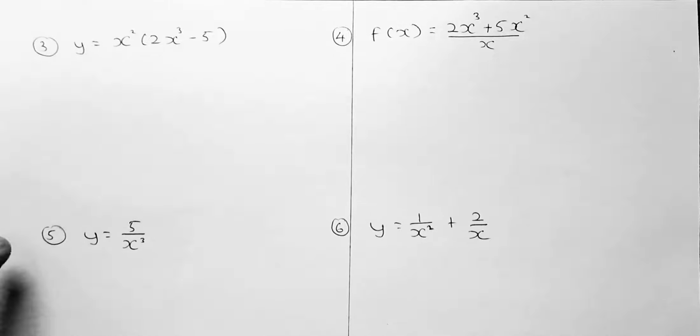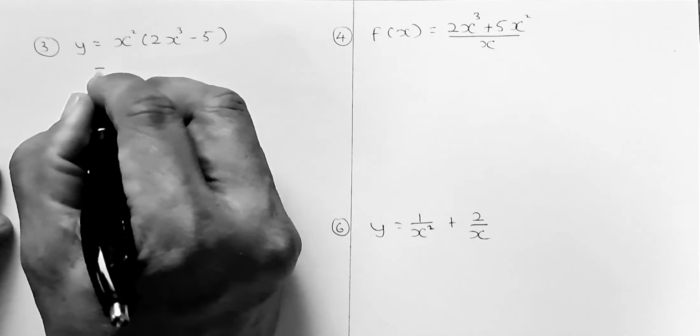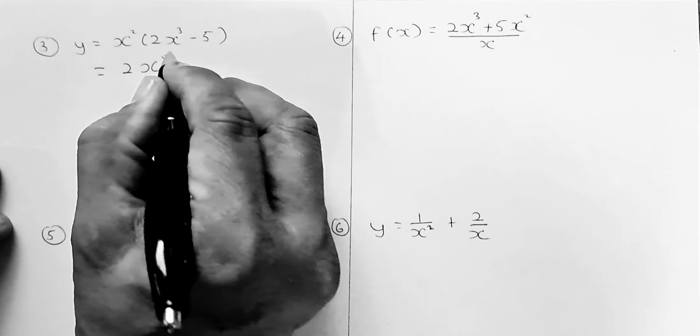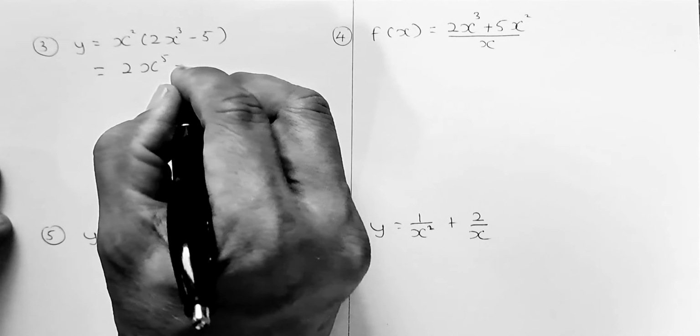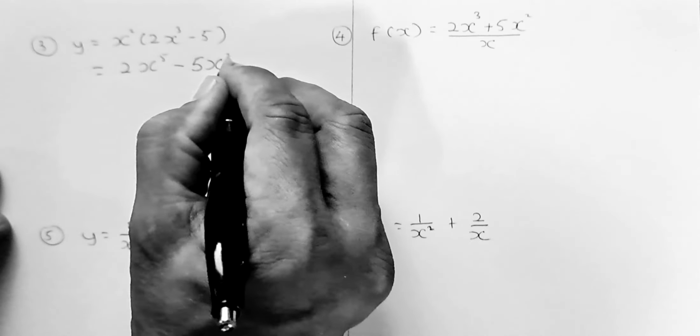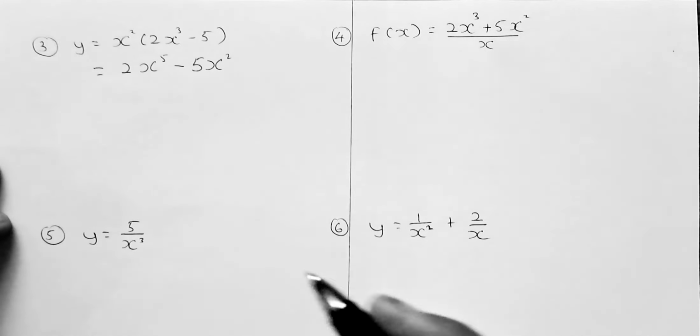So example 3, if you have y = x^2(2x^3 - 5), it looks very daunting, but actually you just need to expand the bracket. So y equals 2x^5 - 5x^2, because 2x^3 times x^2 is going to be 2x^5, and minus 5 times x^2 is minus 5x^2. Now you differentiate it.